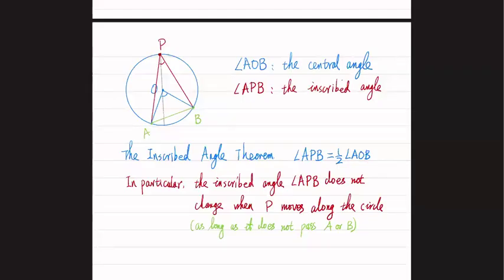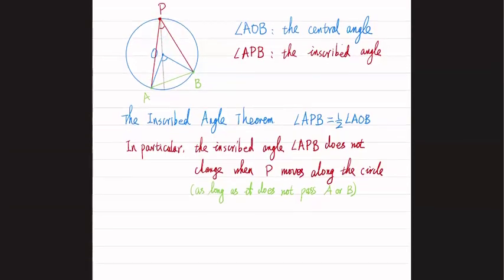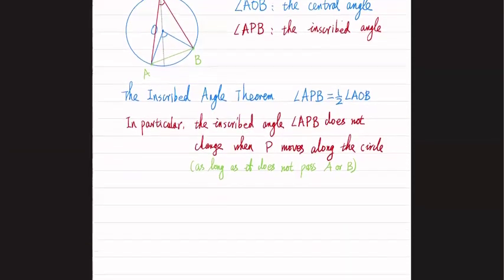As we have seen in the homework, this angle APO is the same as angle PAO. So in particular, by the exterior angle theorem, this is twice of this part, and this is twice of this. In particular, it is twice of that by the exterior angle theorem.